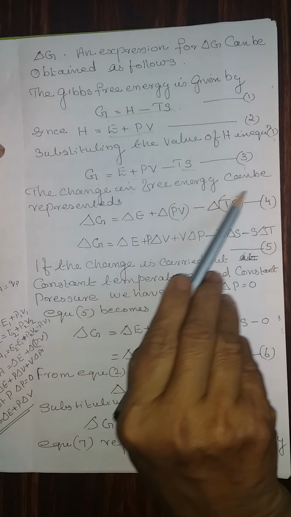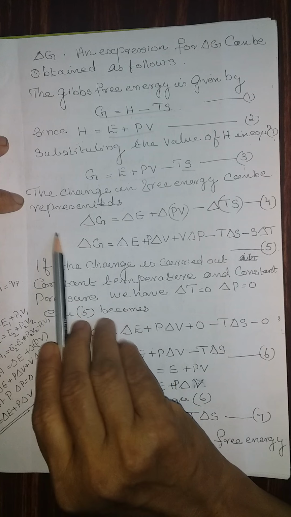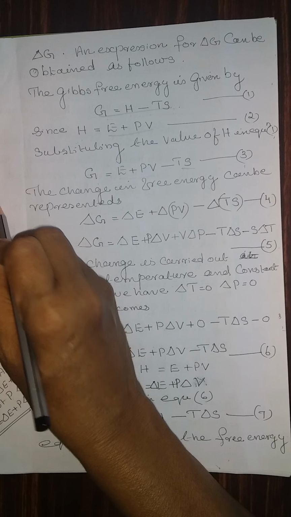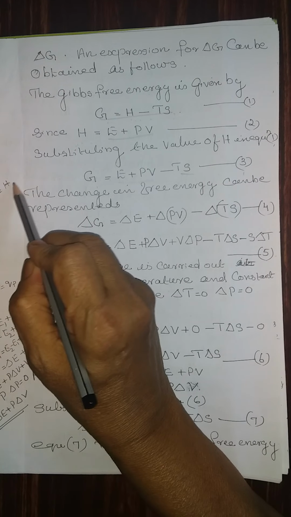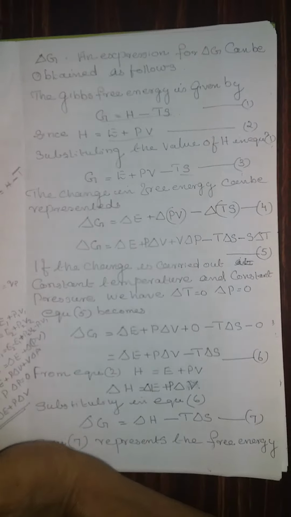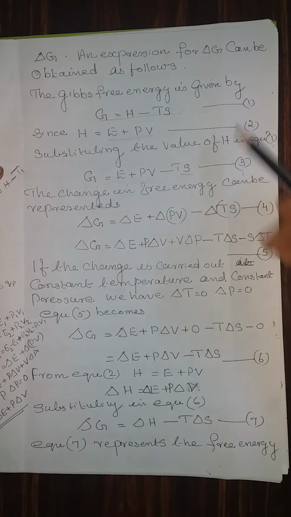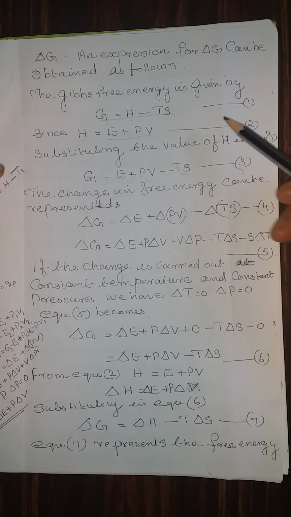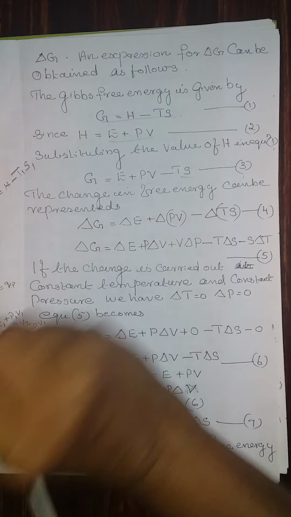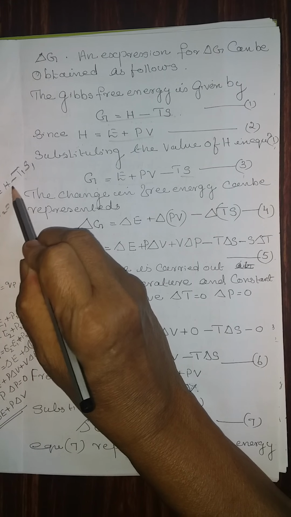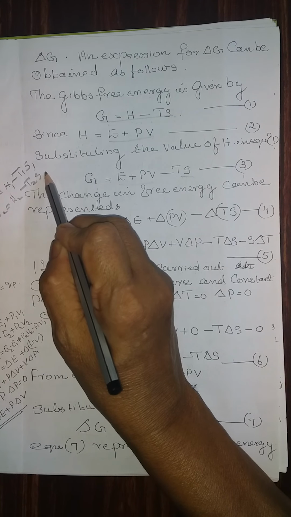The change in free energy can be represented as follows. We are considering G1 is equal to H1 minus T1 S1, with different temperatures T1 and T2, and G2 is equal to H2 minus T2 S2.